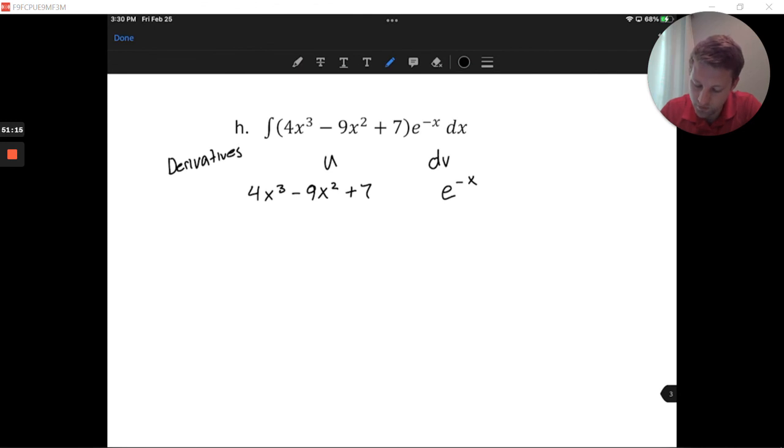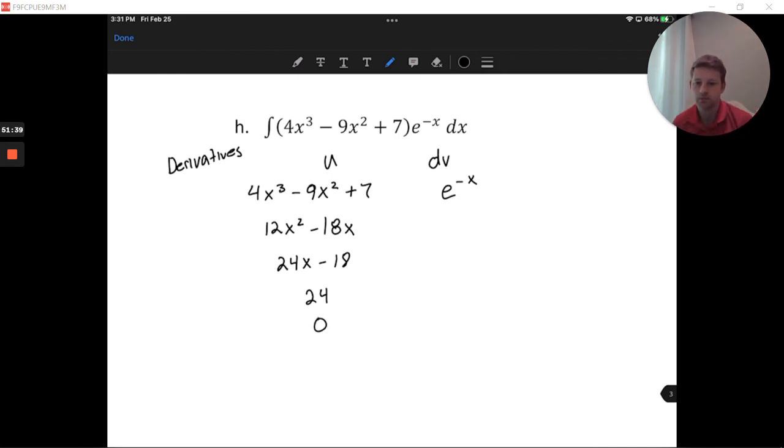So the first derivative here will give us a 12x squared minus 18x. We can take a second derivative below that as 24x minus 18. And then finally 24. And then last but not least, we can take its derivative to be 0. So it takes 4 derivatives here to get that original u function down to 0.